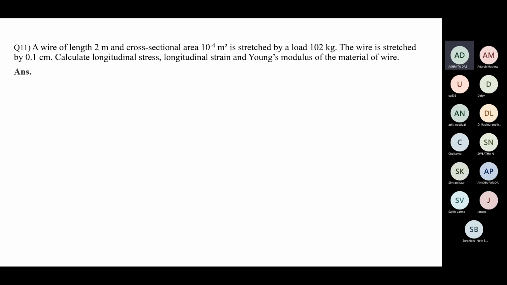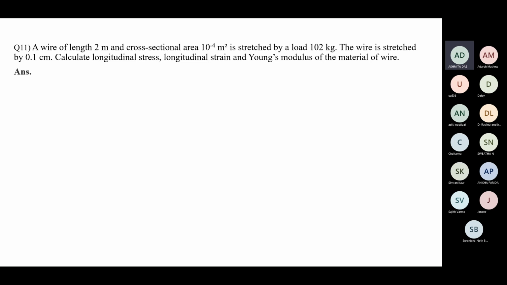Okay, so the initial length of the wire is L equals 2 meter, cross-sectional area 10 to the power minus 4 meter square, stretching weight 102 kg weight, that is 102 into 9.8 Newton. Increase in length is 0.1 centimeter, that is 0.1 into 10 to the power minus 2 meter, which is 10 to the power minus 3 meter, and g equals 9.8 meter per second square.